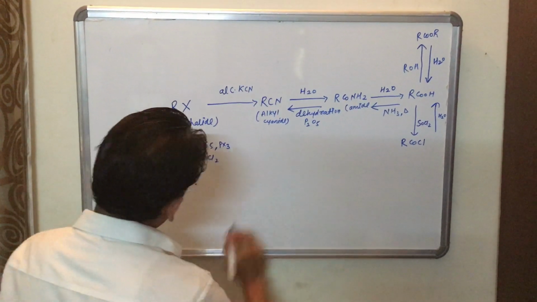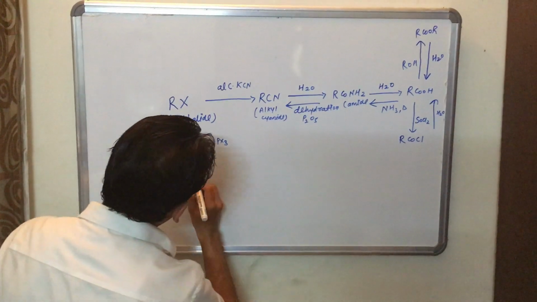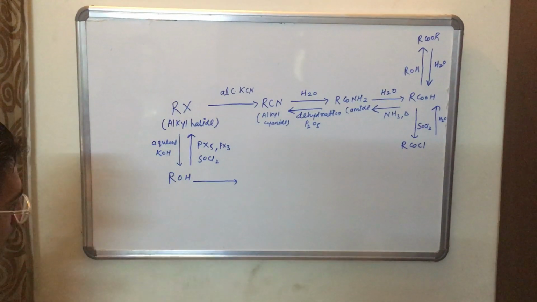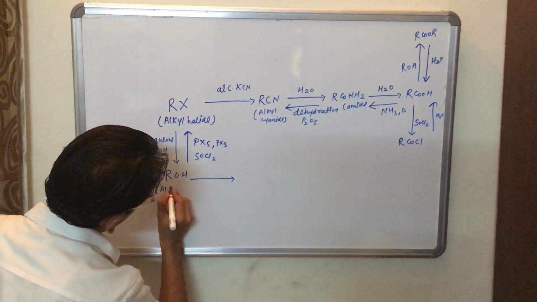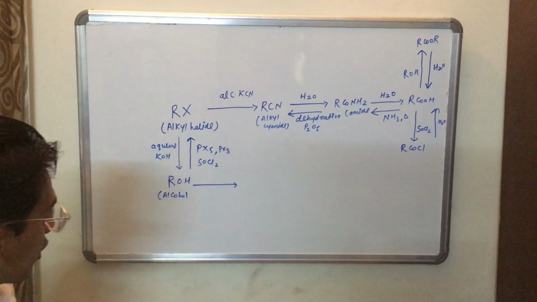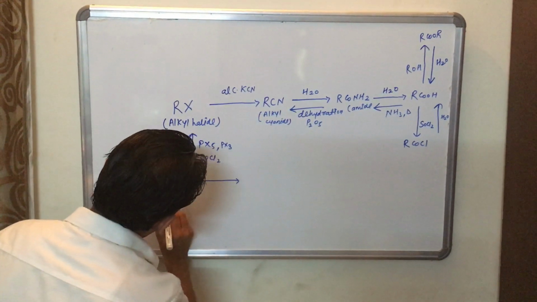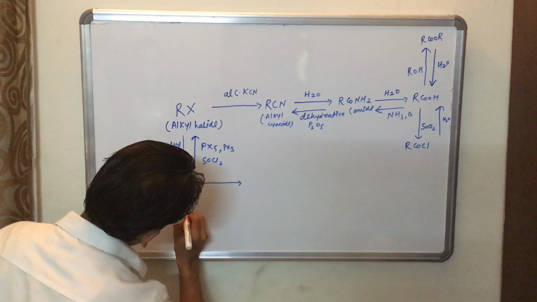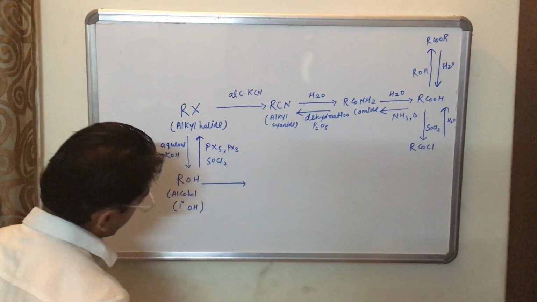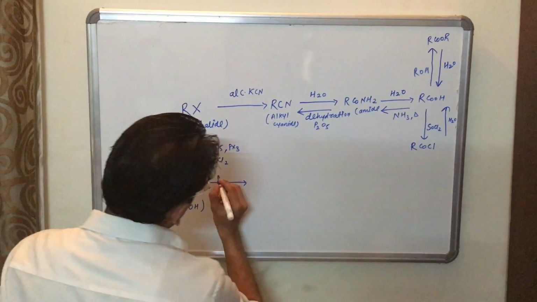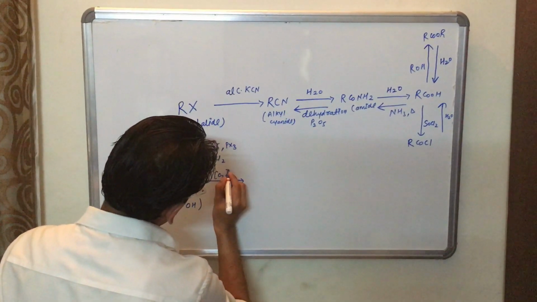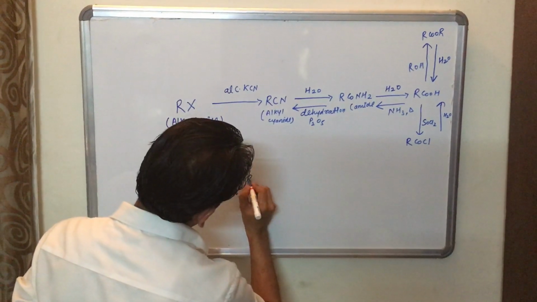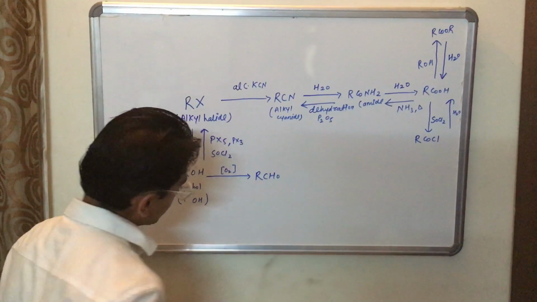Now I have ROH, alcohol. Suppose I have 1 degree alcohol, and if we do oxidation, we will get aldehyde.